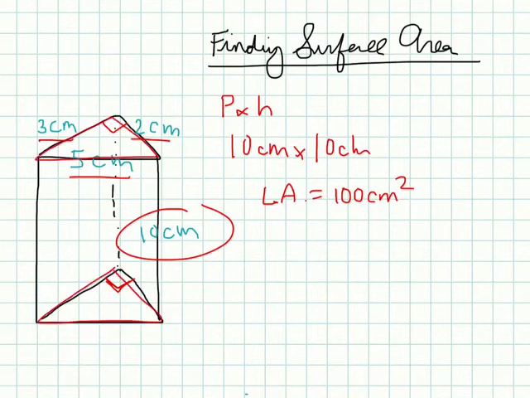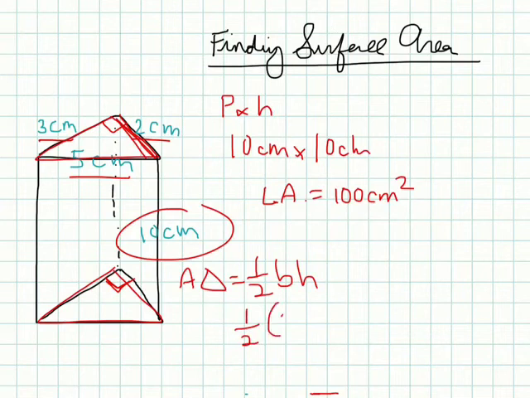Remember, the area of a triangle is 1/2 base times height. So we have the base and the height of our triangles. So that's going to be 1/2 times 2 times 3. Half of 2 is 1. 1 times 3 is 3. So each triangle is 3 centimeters squared.